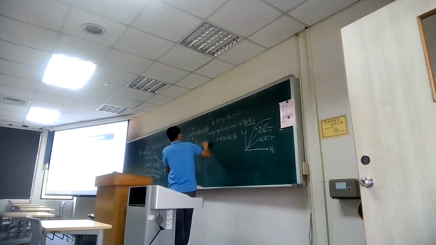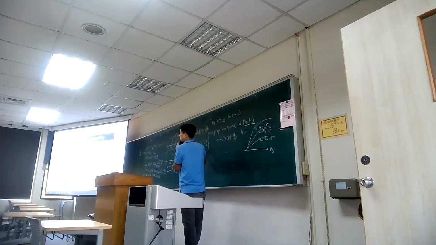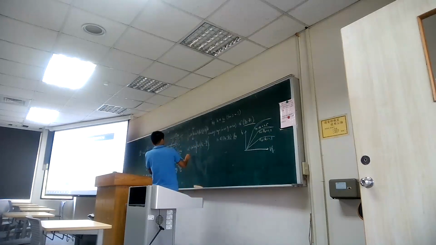Maybe I have a large bracket here, VDS over 2, something like this. Okay, so you can double check the unit because we get a voltage squared here, so we get the same unit to sum over to each other.